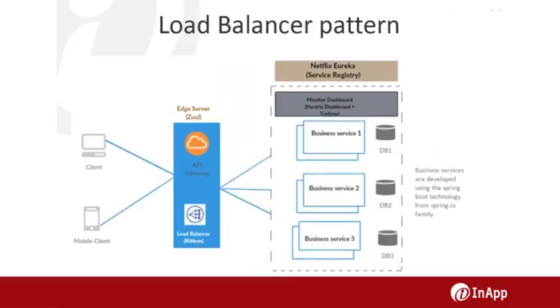The load balancer pattern, I think we saw that in the API gateway slide. It's typically routing requests among multiple instances of the same service based on load. In this slide, I've shown the Ribbon load balancer component from Netflix. Typically, that library exists in any client of a microservice.